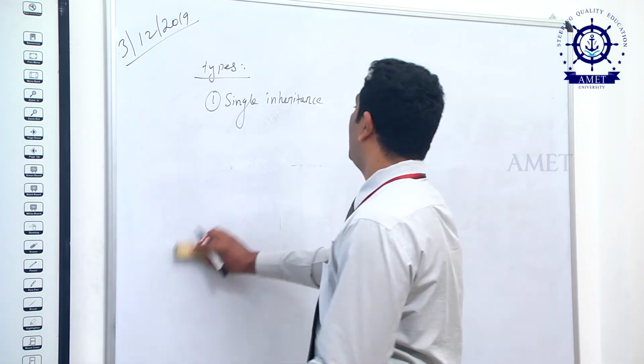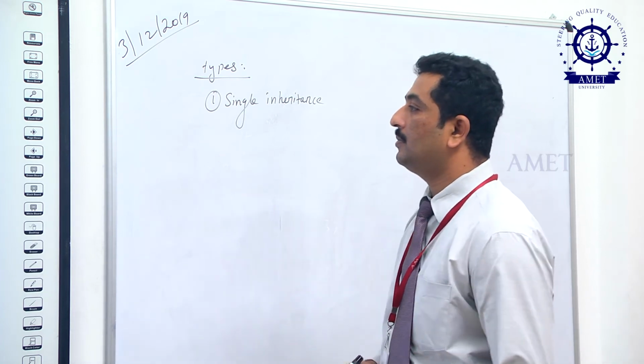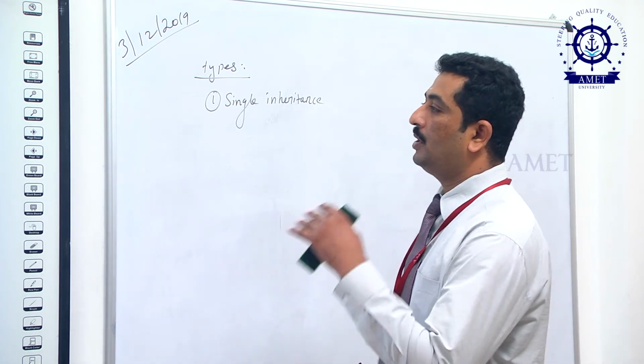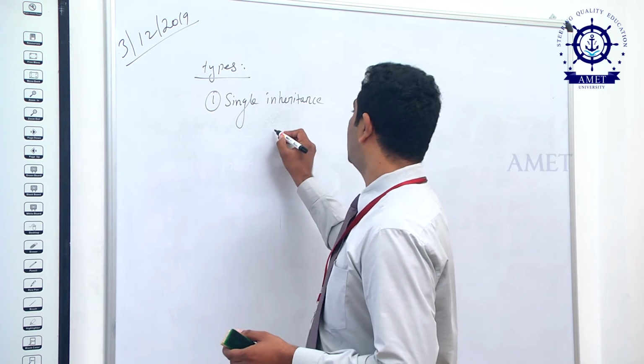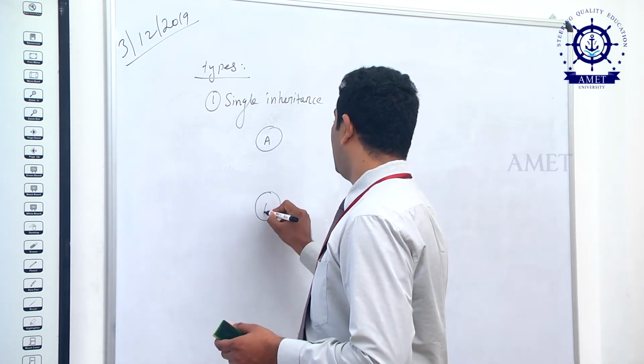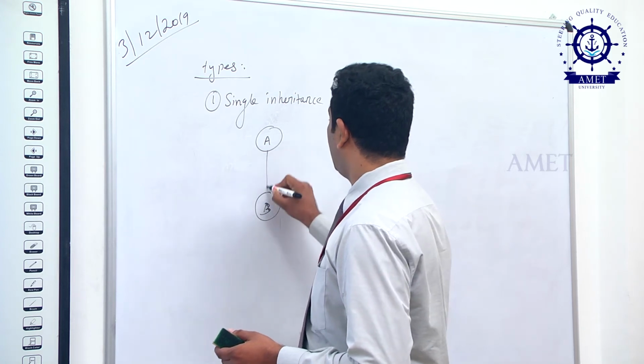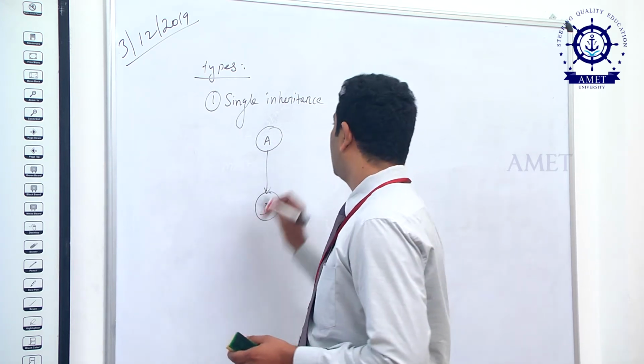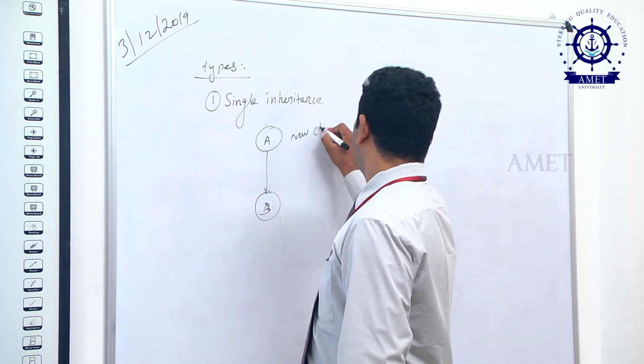What does single inheritance mean? What is the inheritance concept? The new class acquires the properties from the old class. Suppose we are writing two classes, class A and class B. Class A is the old class, and class B is the new class.